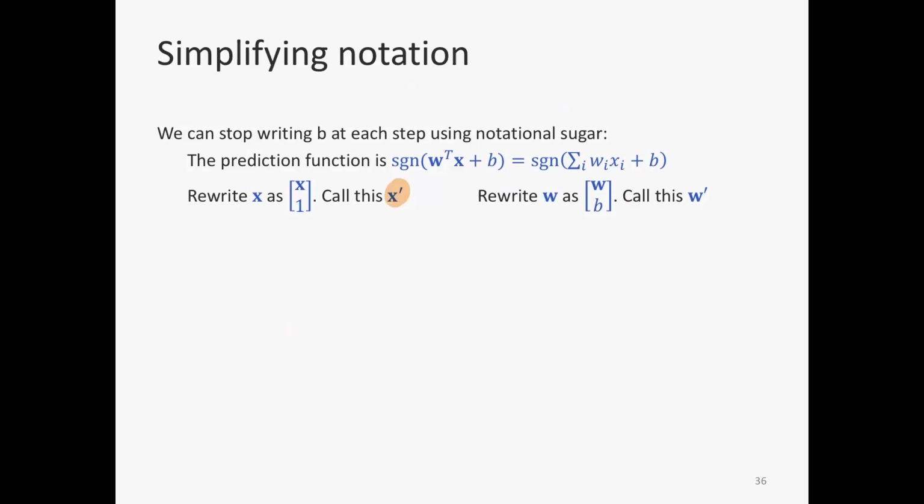I'm going to rewrite w as the whole list of numbers w and then adding the number b at the bottom. So it is all the d numbers w, plus the b as a single vector. I'm calling that w prime. Notice that w transpose x plus b is exactly the same as w prime transpose x prime.